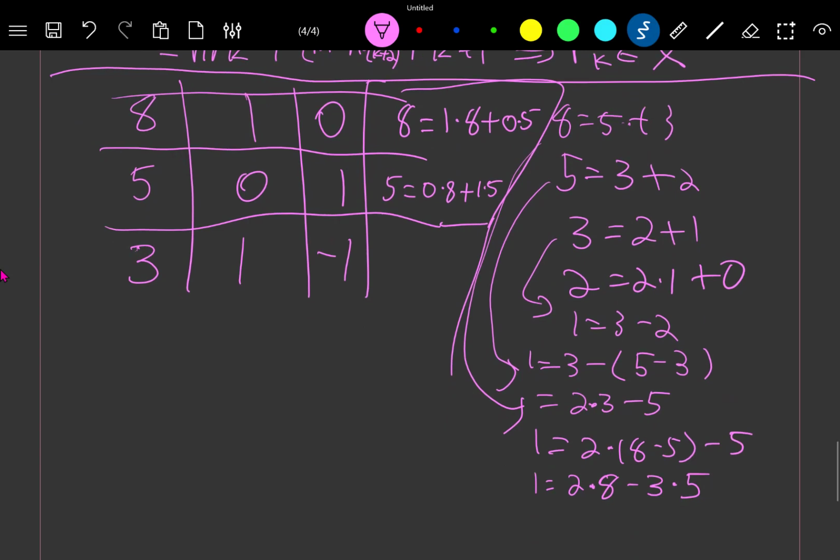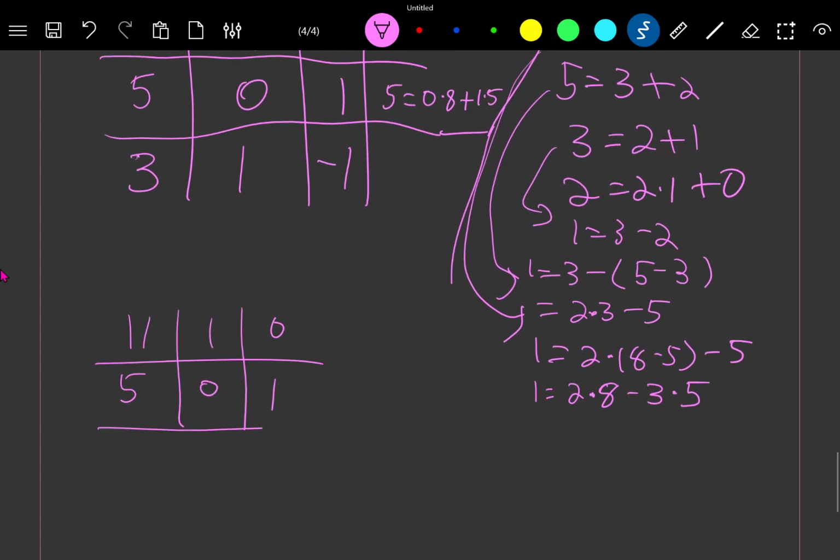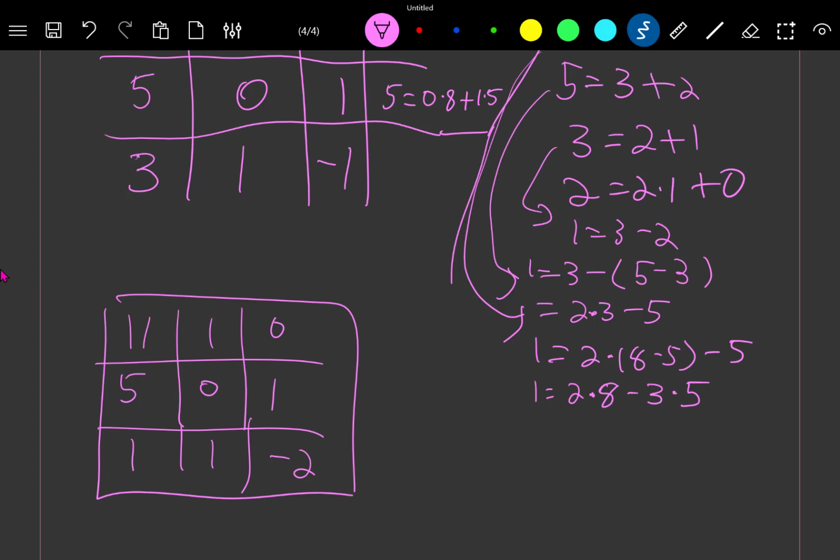But if this was 11 and 5, since 5 goes into it twice, you would subtract 2 of this second column from this first column. The last non-zero element is your GCD, and these entries here give you the combination. So 11 minus 2 times 5 is 1.